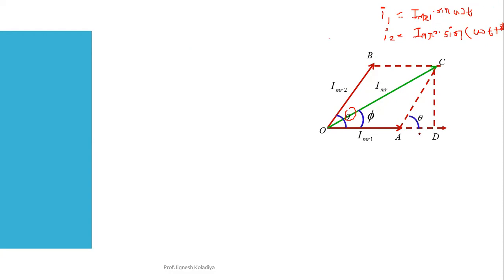So when you draw it, first of all I have this IM1. With respect to IM1, IM2 is leading at an angle theta, so you can draw like this. So let me just show you on the whiteboard. I will share with you.